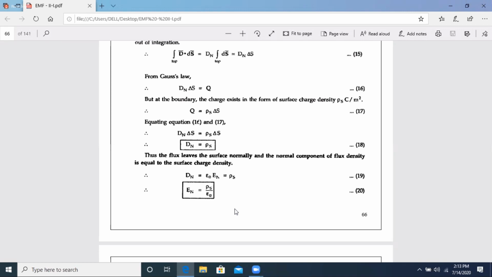So what's the value for epsilon naught again? 8.85 times 10 to the negative 12. Times 9 times 4AZ.